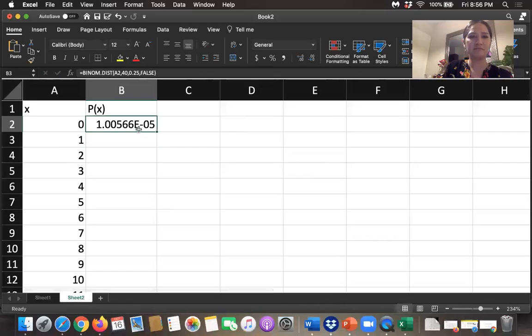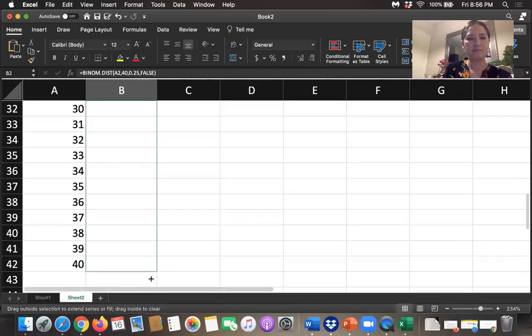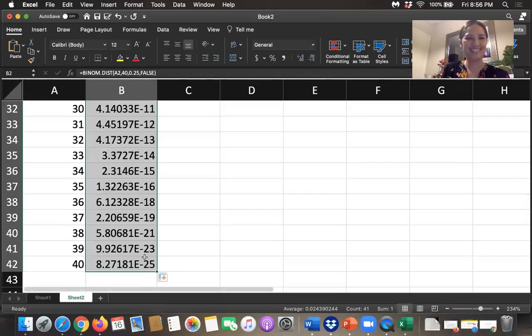Hit enter. And then just drag and drop. Isn't that nice? Now you have probabilities for 0 successes through 40 successes, and all you had to do was type in that function and then enter the right input values.